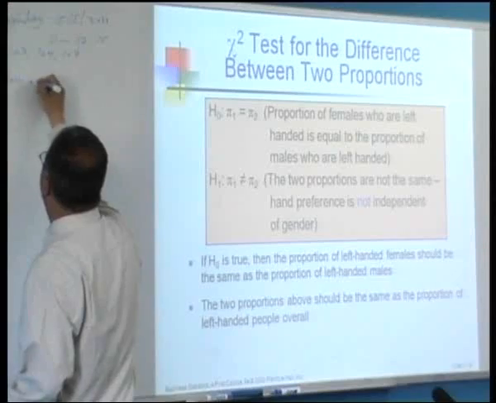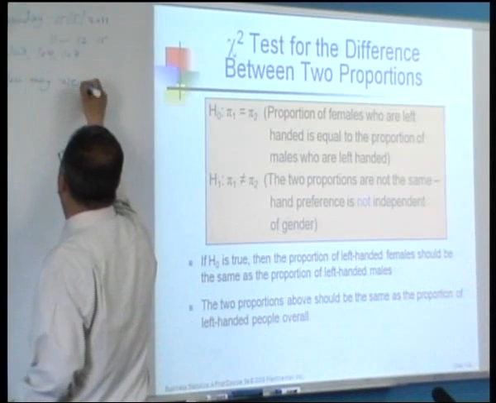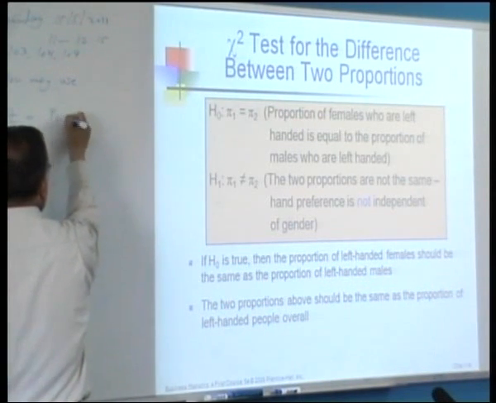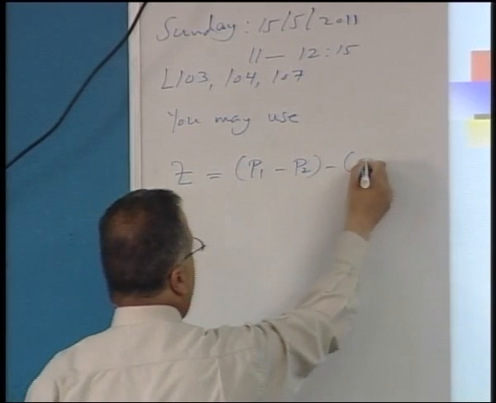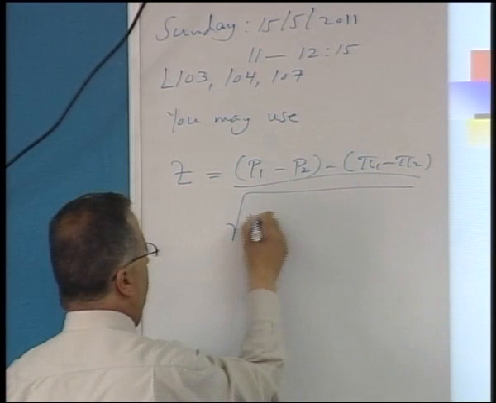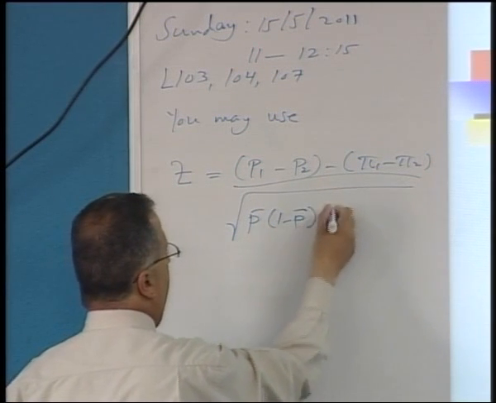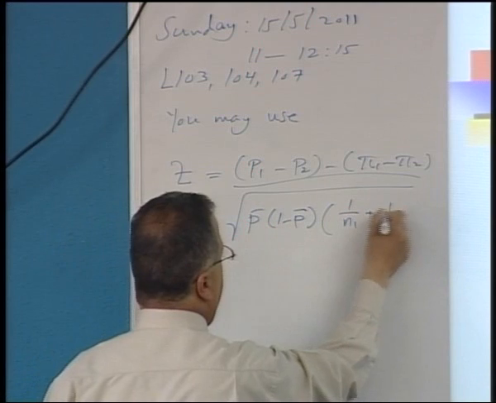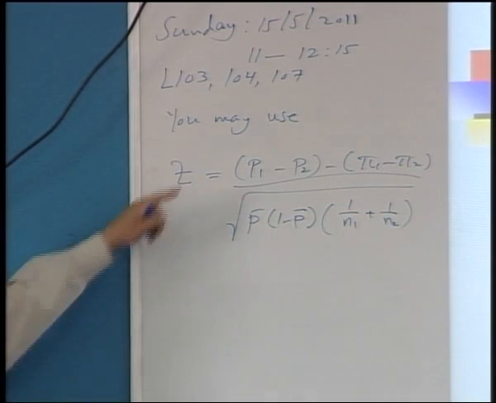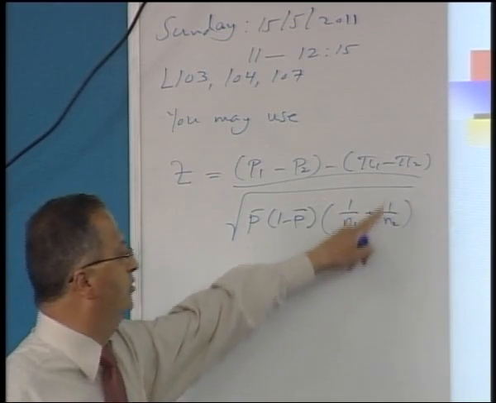So you may use this statistic, which is p1 minus p2, minus π1 minus π2, divided by p-bar times 1 minus p-bar, multiplied by 1 over n1 plus 1 over n2.